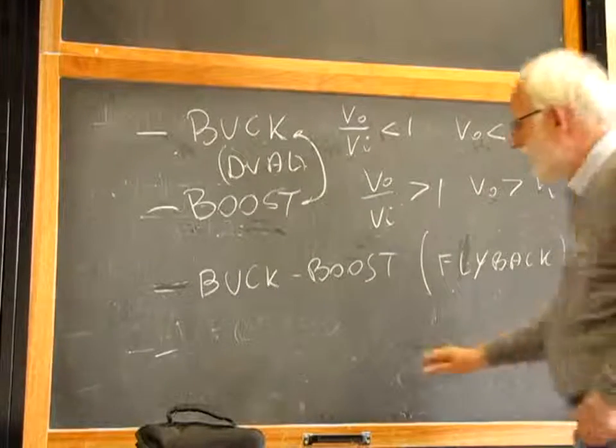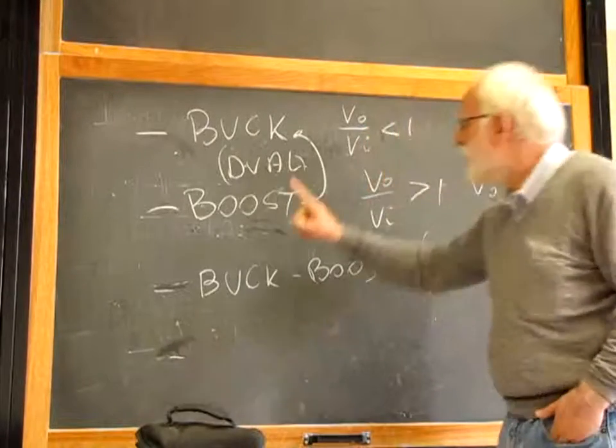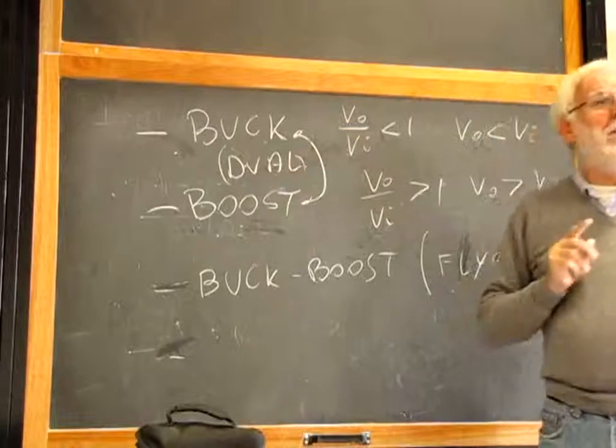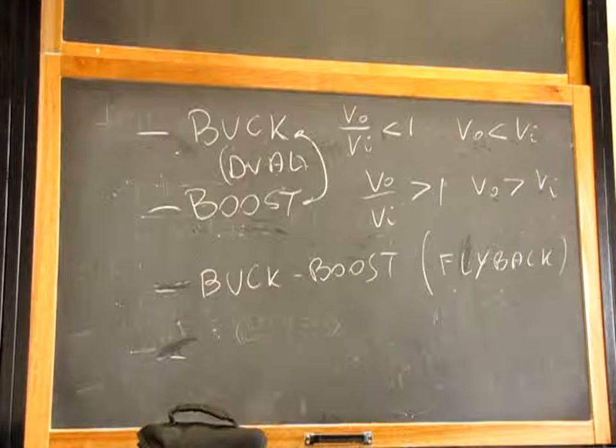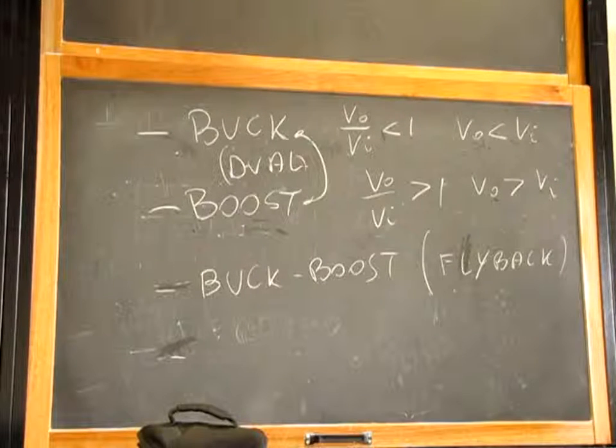The buck converter, for the electrical engineer, not the electronics engineer, those who use buck converters to drive motors, they don't call it buck or step-down. They preferably call it chopper.